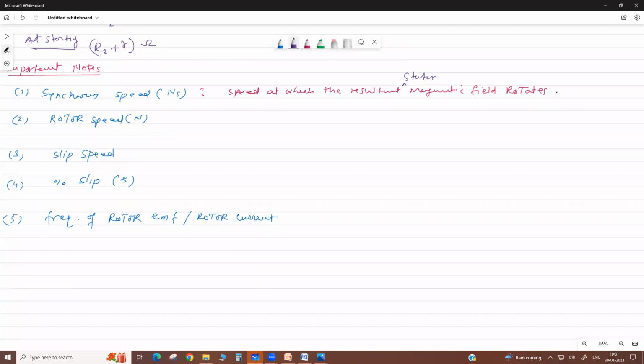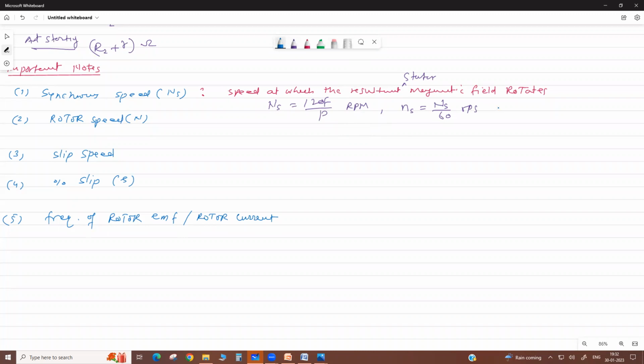That is called synchronous speed, and it is given by Ns equals 120 f by p in rpm. Sometimes we calculate it in rps also, so small ns equals capital Ns by 60. It is in rps, revolution per second. This is revolution per minute. Sometimes it is written like this, rpm, revolution per minute.